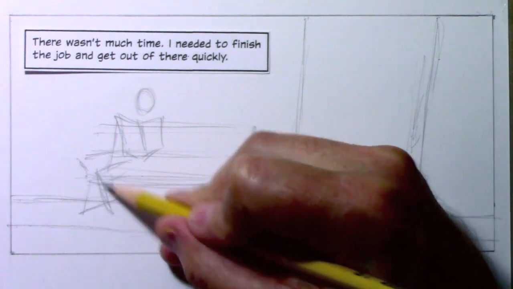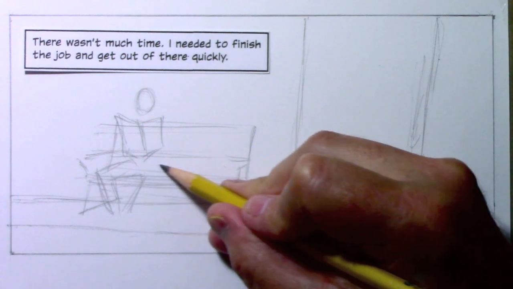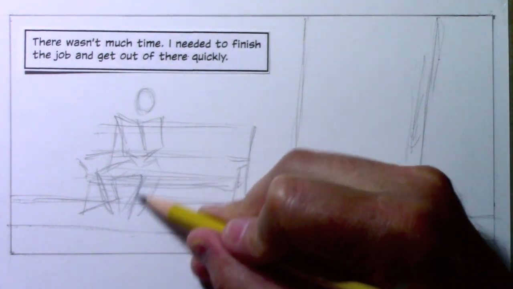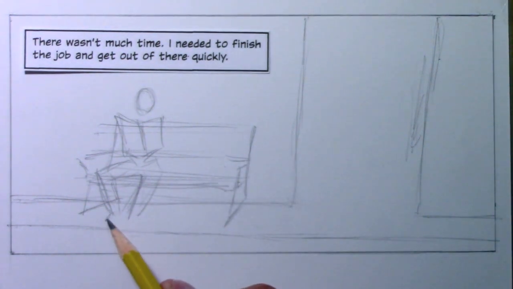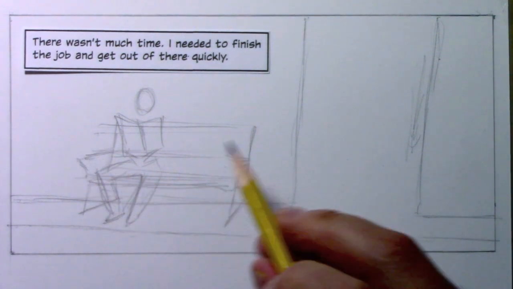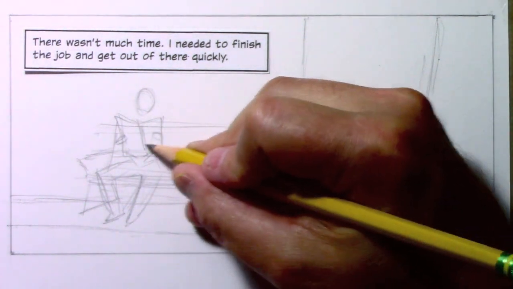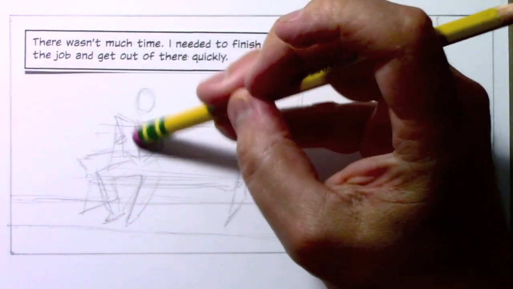So, this is not so much a video about how to draw someone sitting on a bench. Hopefully you're getting general principles here of how artists will change the drawing to fit the panel. And again, he's like reading a newspaper.